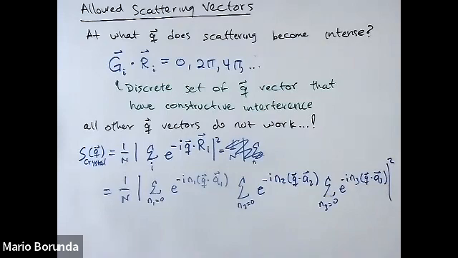The G and the R, I know how to build them from R to G, right? So build those values and then say, oh, I know what the reciprocal lattice is. I'm going to Fourier transform all of this information that I have from my scattering. I like doing Fourier transforms. That's part of the work I do all the time as a condensed matter theorist. And then once I Fourier transform, I'm going to get all of the structure of the crystal, all of the real space structure of the crystal.